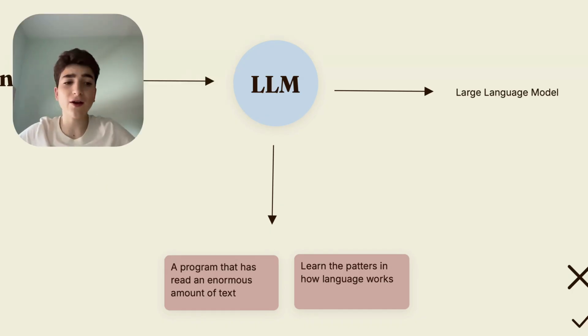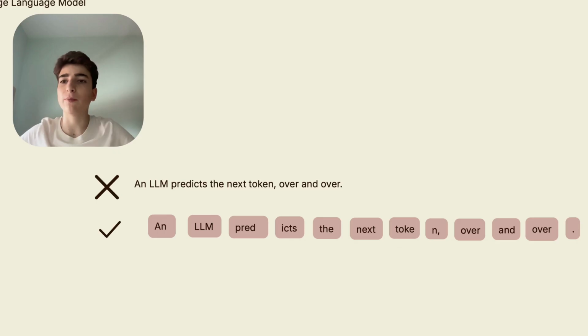So when you give a large language model a text, a prompt, it doesn't read like us. It divides everything into tokens, which are small pieces.